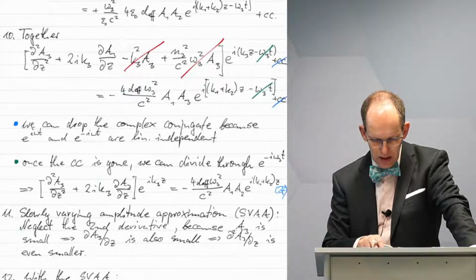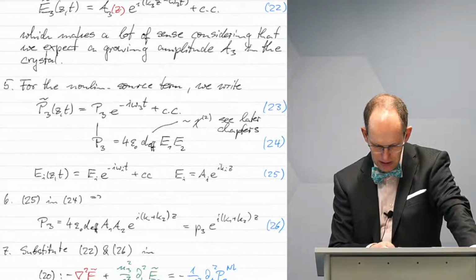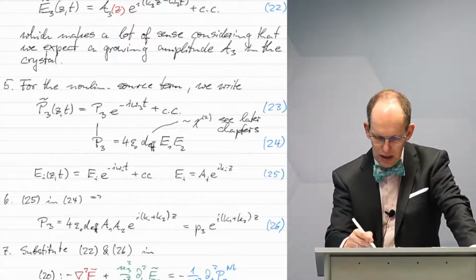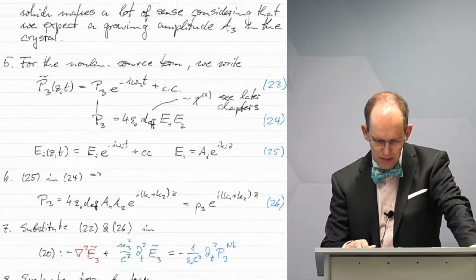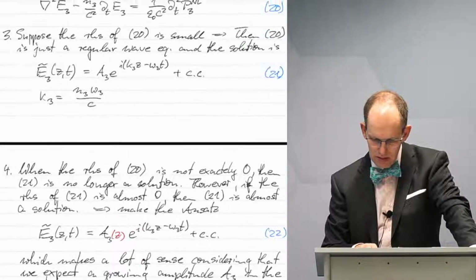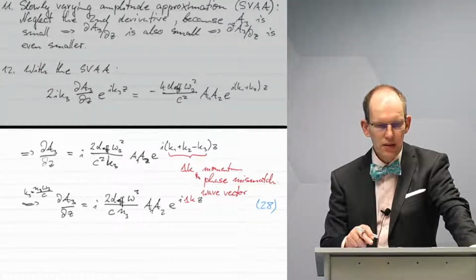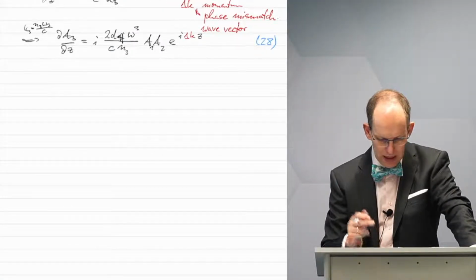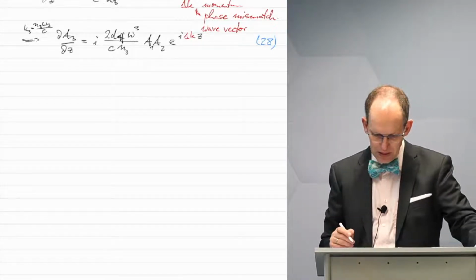So doing all these steps that we did here, basically the same procedure for A2 and A1, and then we have the full set of coupled wave equations.